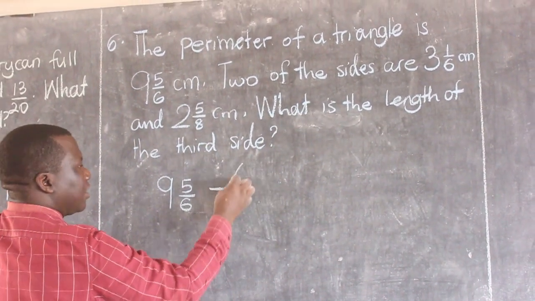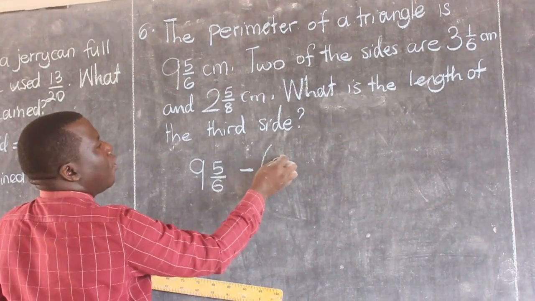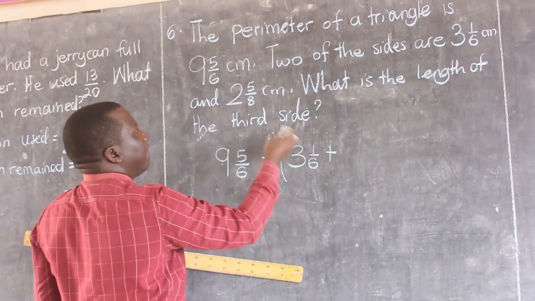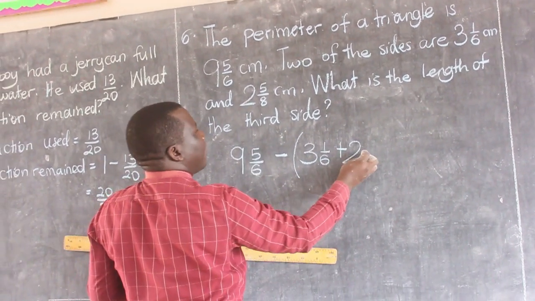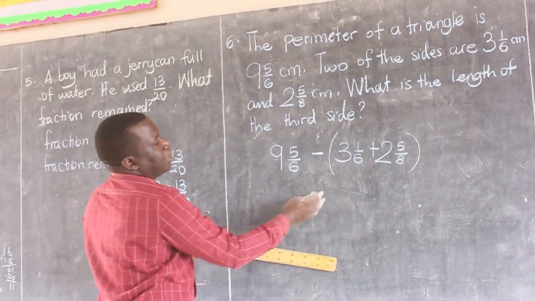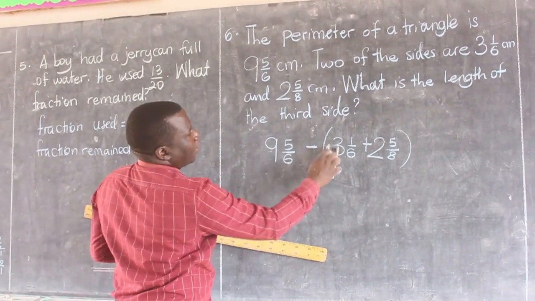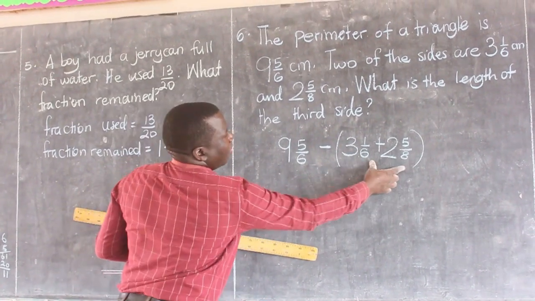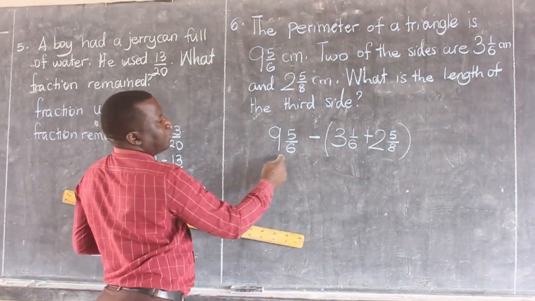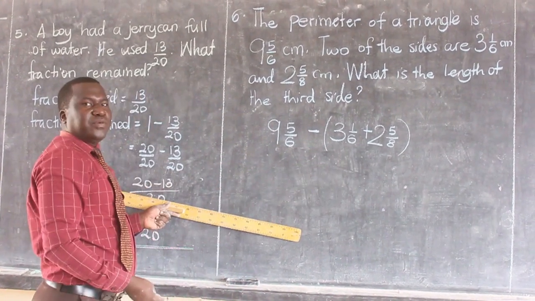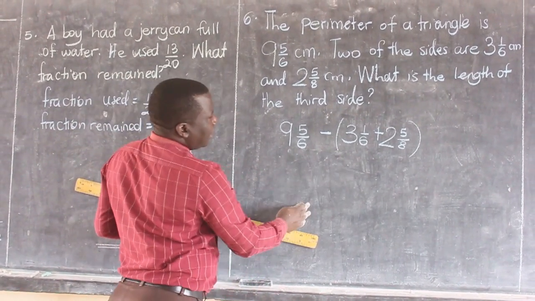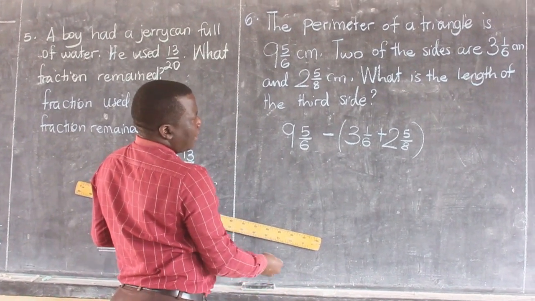So minus, we shall first add 3 whole numbers and 1 out of 6 plus 2 whole numbers and 5 out of 8. Okay? So we need to first add these two. Okay? Then the answer we get from here, we shall subtract this, we'll subtract the answer here. Are we together? So we begin.